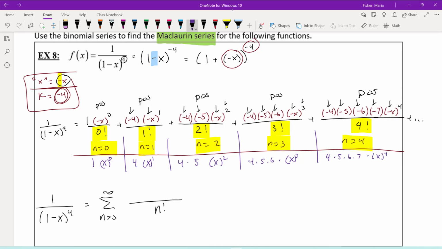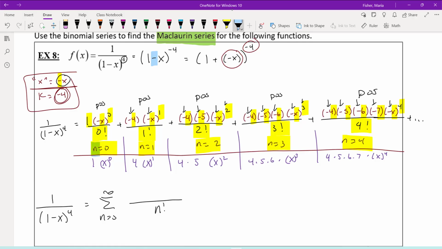Now that I got rid of the negatives, this is really what's left. A 1 times an x to the 0, a 4 times an x to the first, a 4 times 5 times an x squared, a 4 times 5 times 6 times an x cubed, a 4 times 5 times 6 times 7 times an x to the fourth.